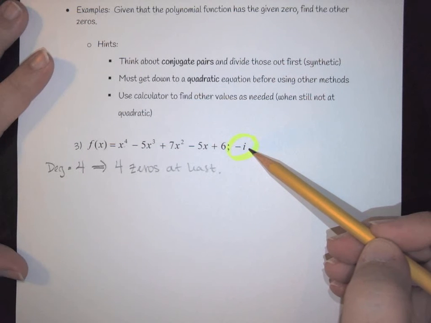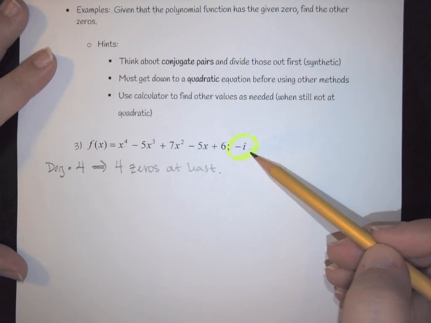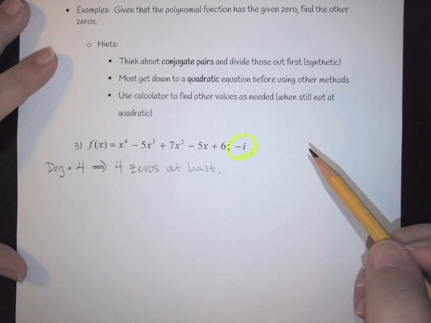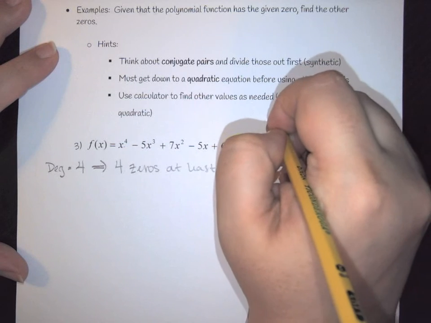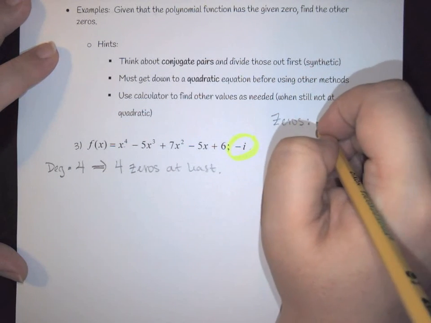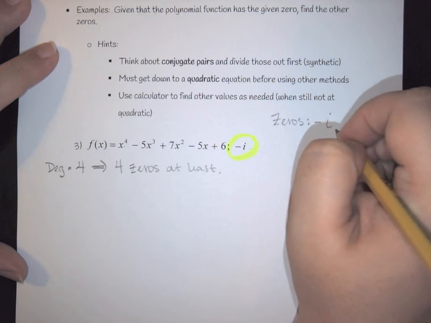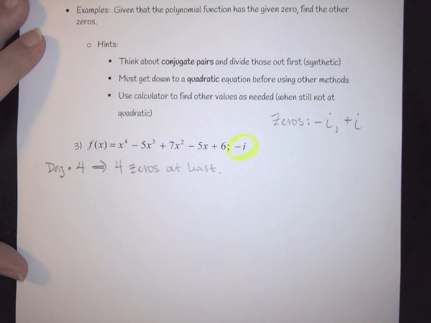Now, this i here tells you that automatically it needs to have its pair. So when we're talking about zeros, right now we know of negative i, we also know positive i. So there's 2 of them missing.